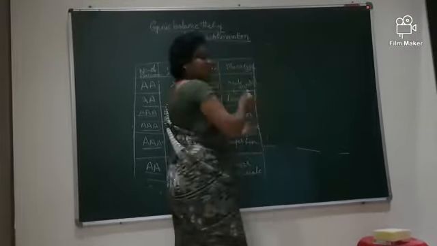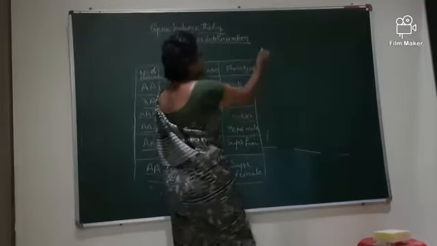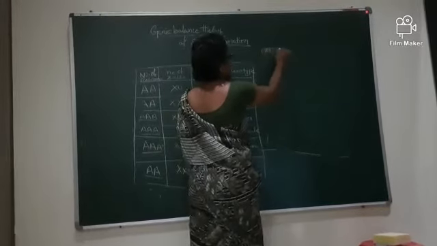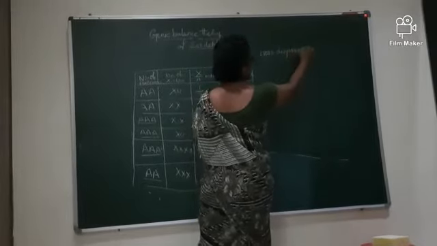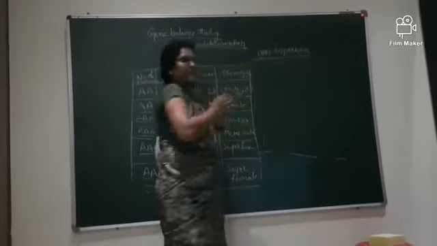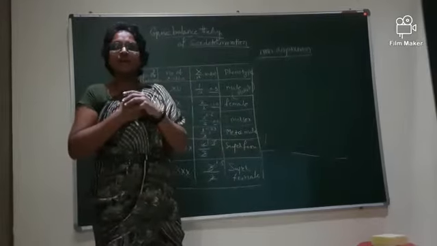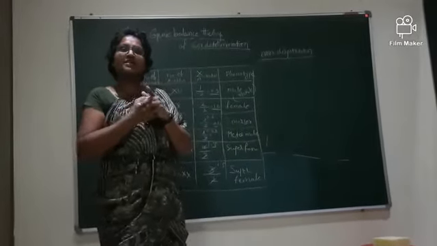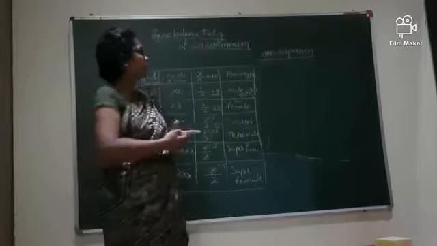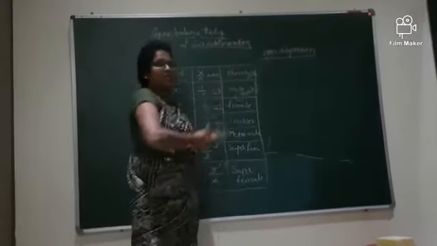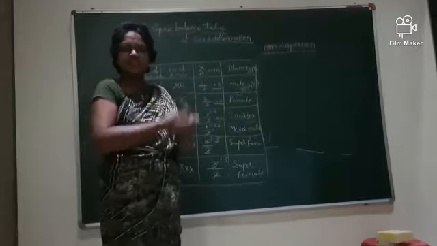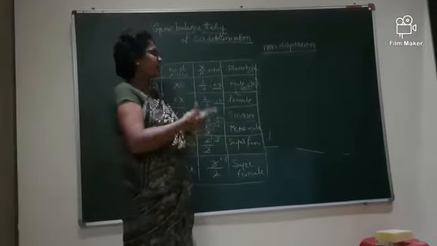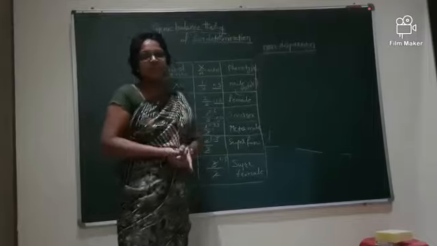So how does it happen? Because of non-disjunction, there is a failure of segregation of chromosomes during the anaphase stage, in meiosis 1 or meiosis 2. Because of the non-disjunction, there is a failure in the separation of chromosomes during the anaphase stage of meiosis 1 or meiosis 2.